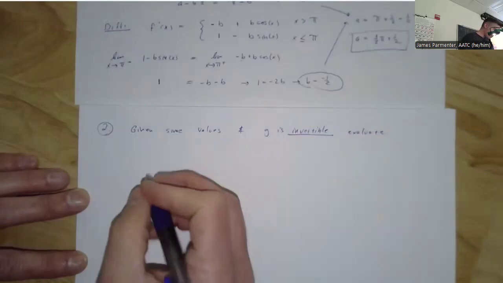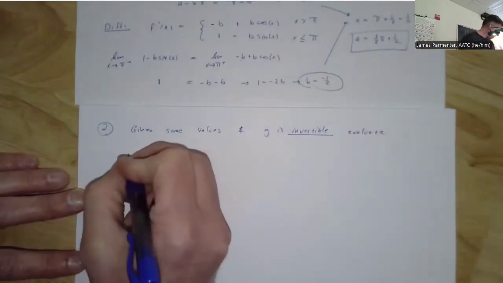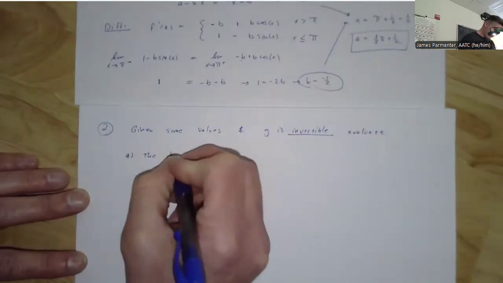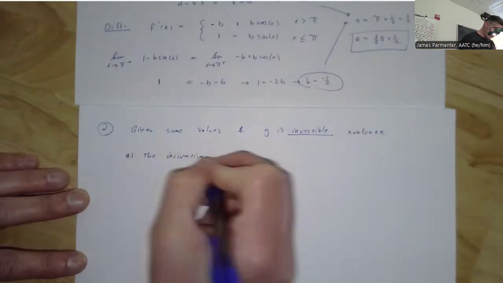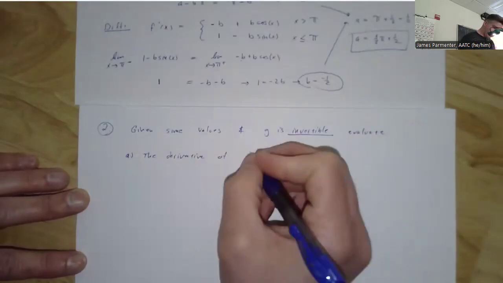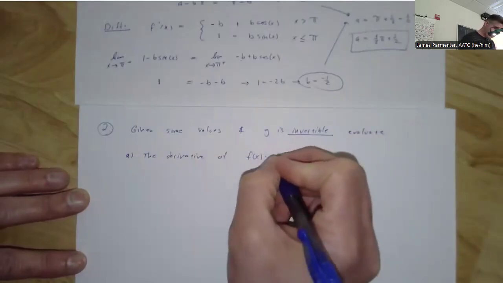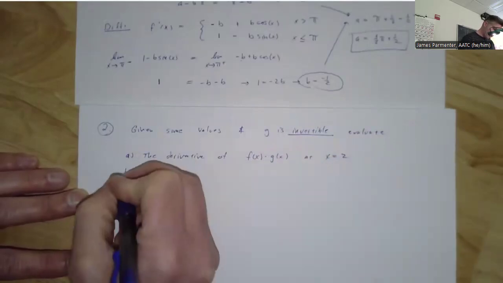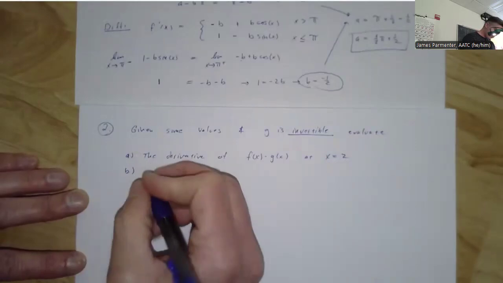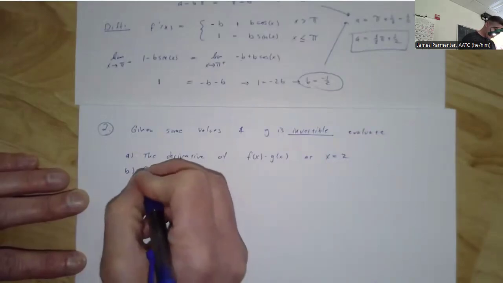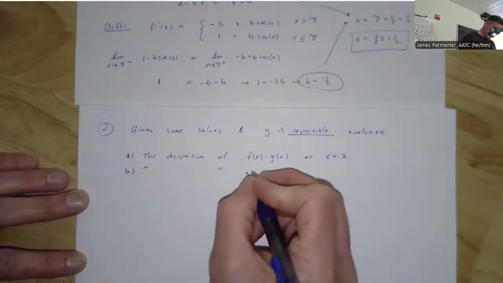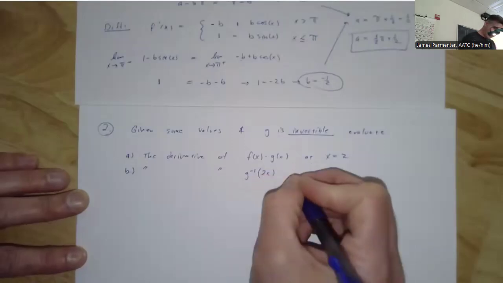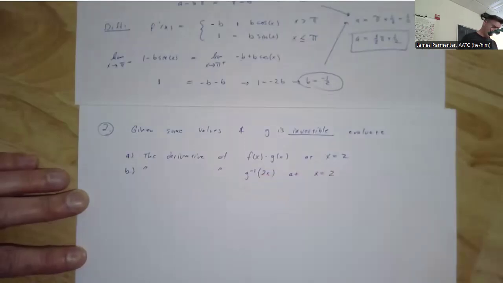We're asked to evaluate, let's say A, the derivative of f of x times g of x at x equal to 2. And B, we're asked to evaluate the derivative of g inverse of 2x evaluated at x equal to 2.